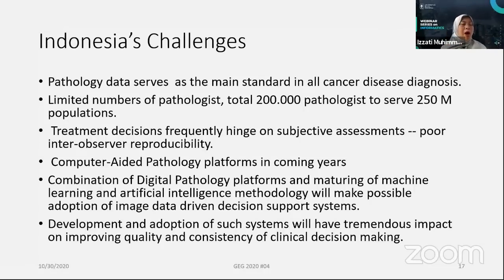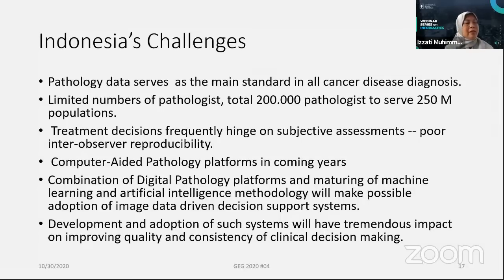If we have a group of pathologists, say 3 pathologists, they may have different opinions on one slide.